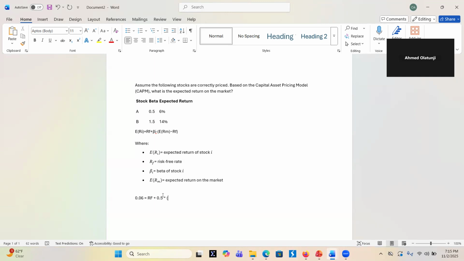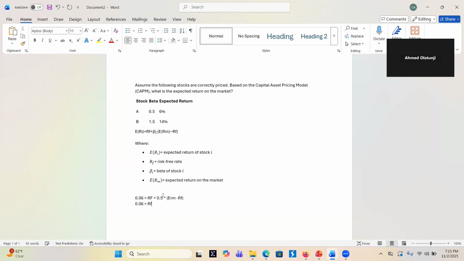ERM is the expected return on the market, minus RF. Like I said, RF is the risk-free rate. So we're going to be working with the numbers we have.